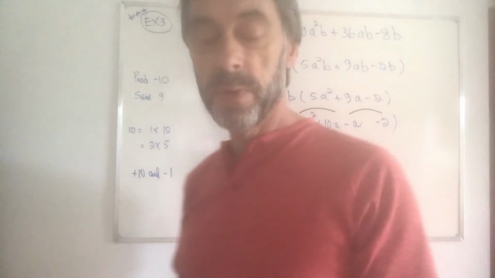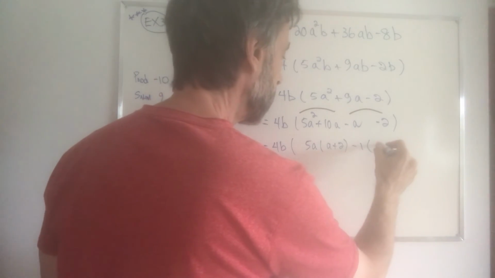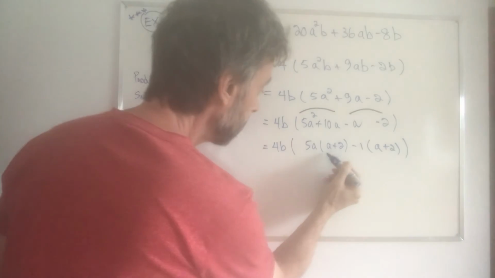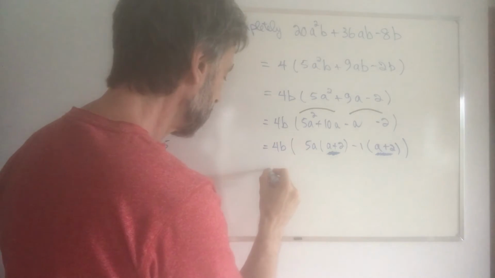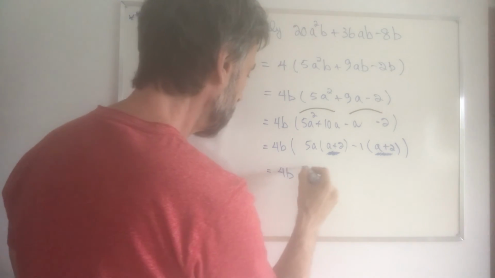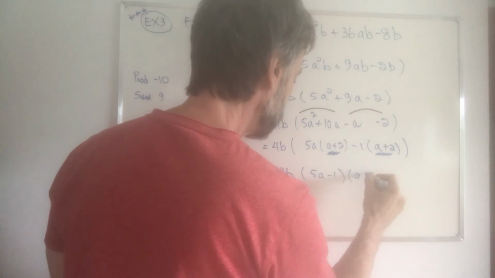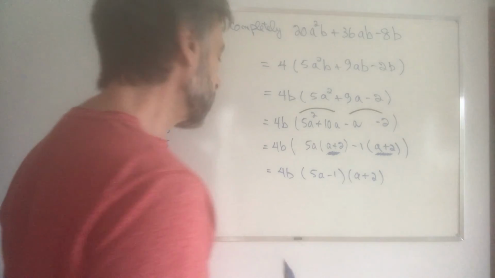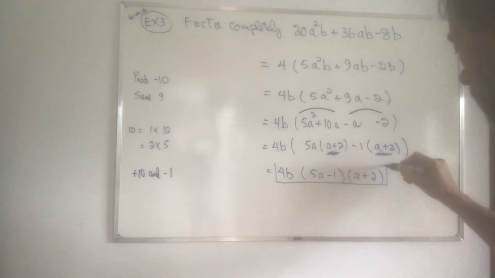And what is common between minus a and minus 2? Well, only minus 1. And that's a plus 2 as well. Once again, same thing here, same thing there. We got a winner. So that's going to be 5a minus 1 times a plus 2. Doesn't really matter the order in which you write those terms. Multiplication is commutative. And there it is. Final answer for this guy.